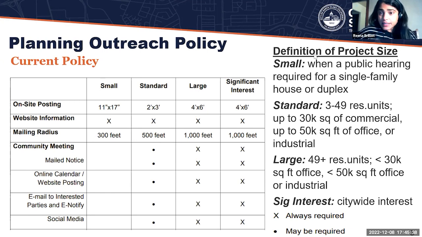For instance, we have a zoning code update that's underway right now, and we have a lot of people who signed up so that any time there's a community meeting or a public hearing about the zoning code, all those individuals will get information. They don't have to call us individually. They can just go on and express their interest.